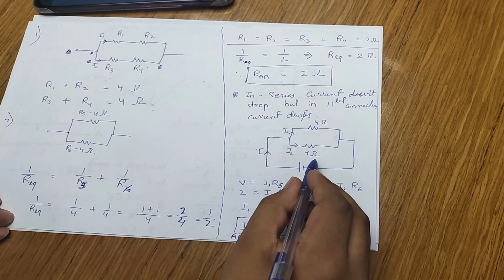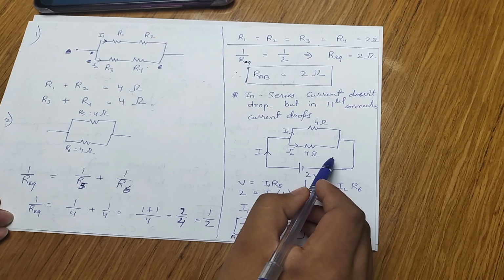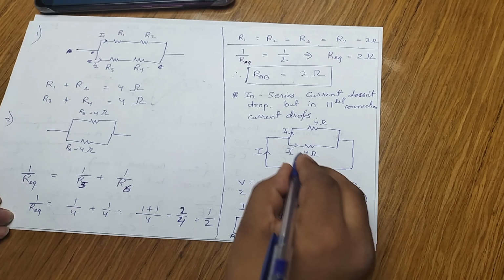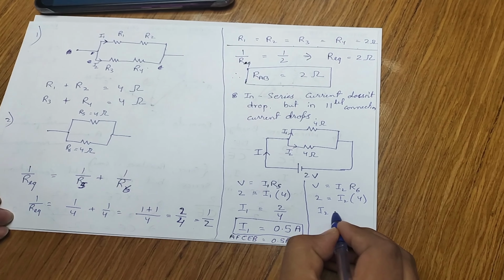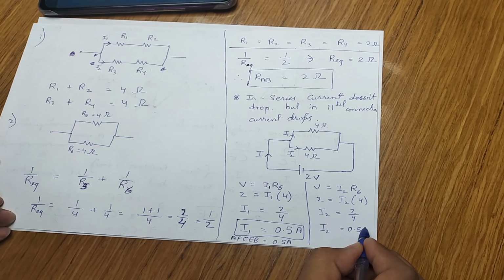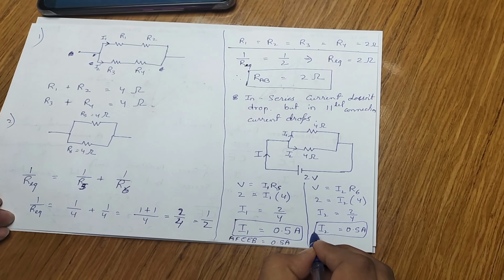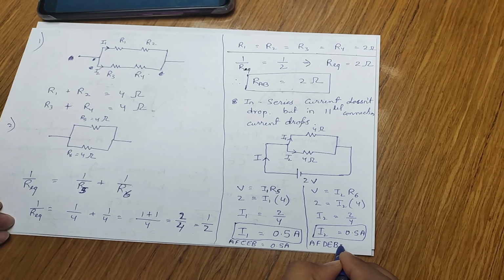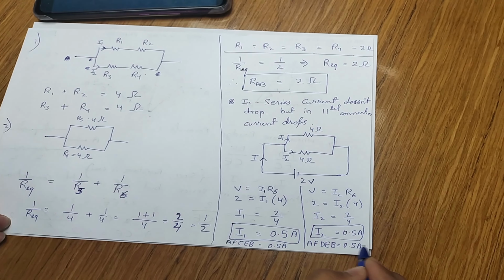In parallel the voltage won't drop. So I2 equals V by R6, and the R6 value is also 4 ohm, so I2 equals 2 by 4, which is 0.5 ampere. So we can say AFDEB is 0.5 ampere.